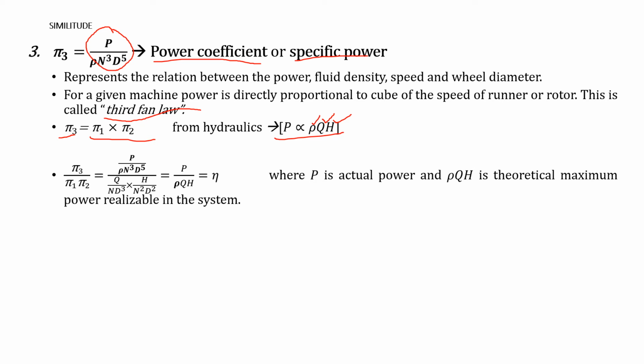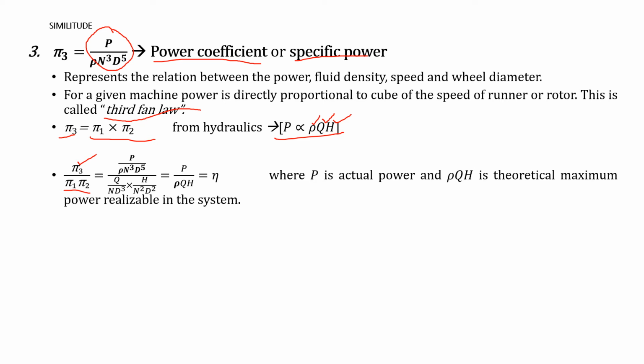I can modify this. You know the rules of the Buckingham pi theorem: we can multiply the pi terms, divide the pi terms, and apply powers to the pi terms. Similarly, I am dividing pi 3 by pi 1 and pi 2.